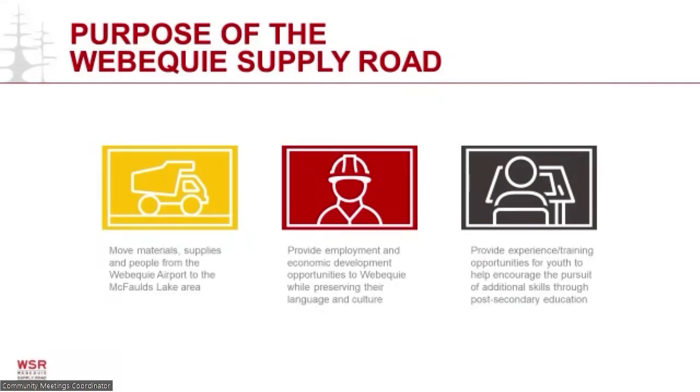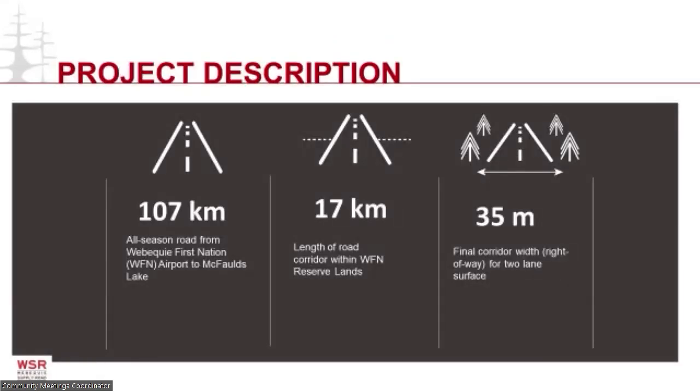As this is Webequie's project, this will be done in a careful, sensitive way that will preserve and strengthen the community's language and culture. The planned road will be 107 kilometers long, with 17 kilometers on the Webequie First Nation reserve lands.